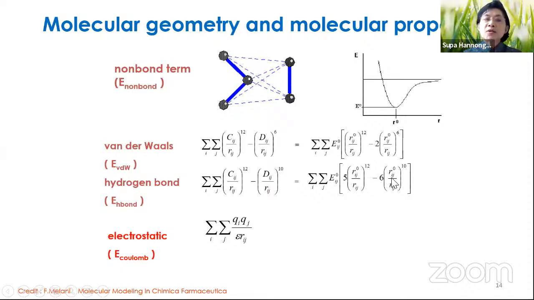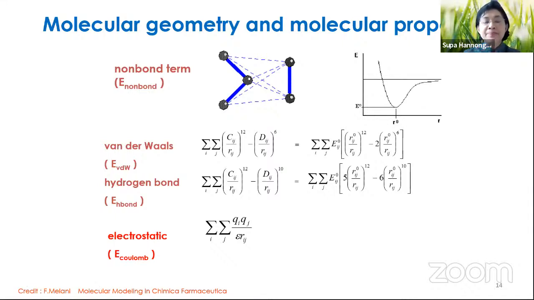Okay, so you can see that for intermolecular interactions, we have two key potentials. The first one is van der Waals, and another one is hydrogen bond. So if you add, you have 1, 2, 3, 4 is the electrostatic, 5 is the van der Waals. You can add a 6th term, hydrogen bond.